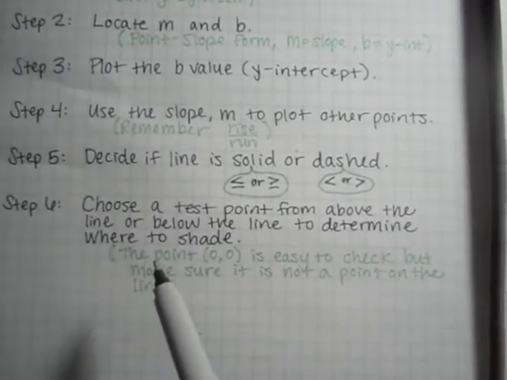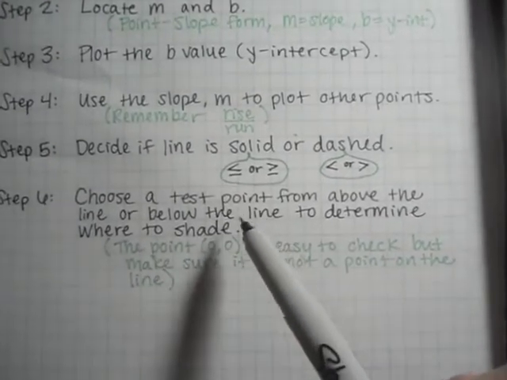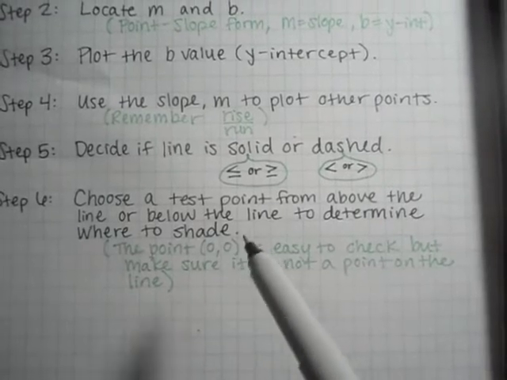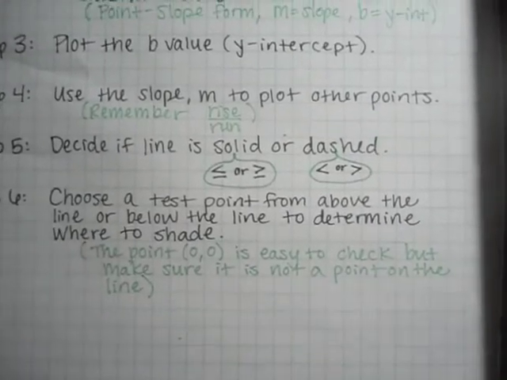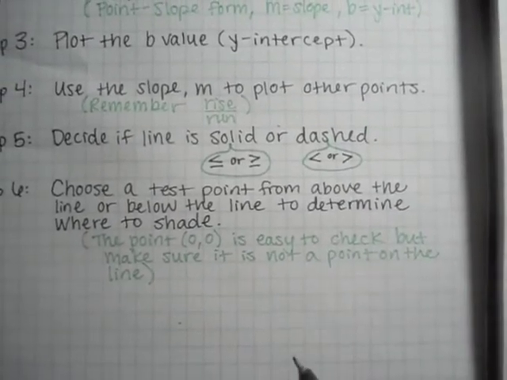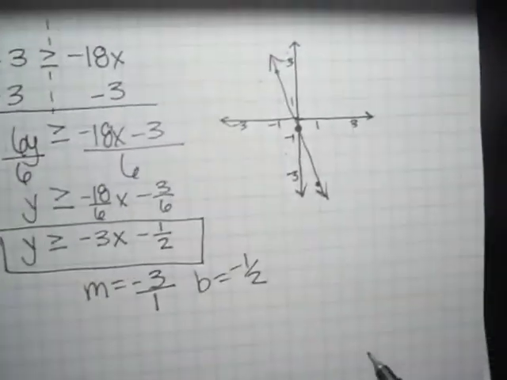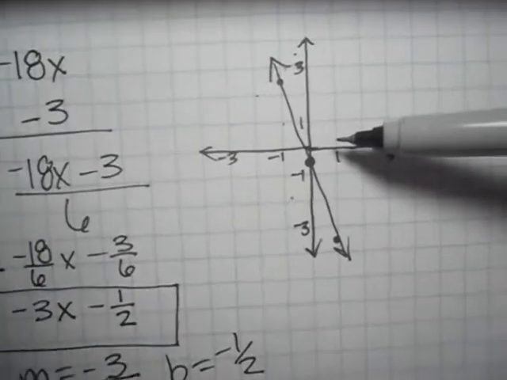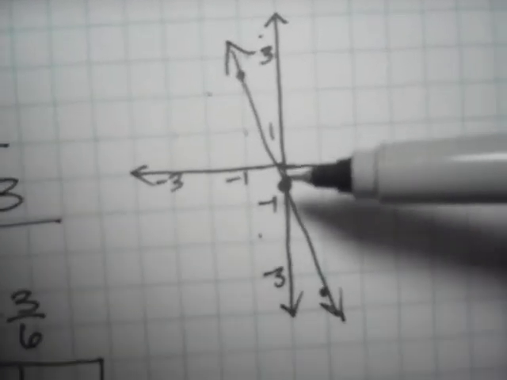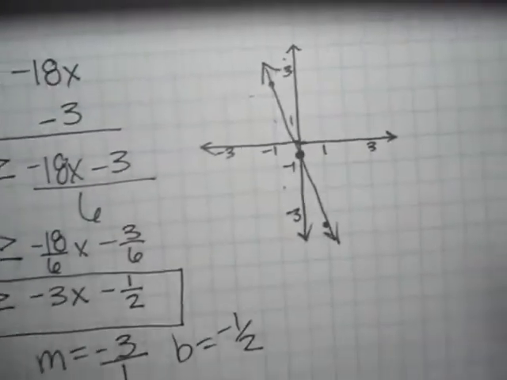And we can do that by choosing a test point from above the line or below the line. Keeping in mind 0, 0 is an easy one to check, but we have to make sure it is not a point on our line. So 0, 0 is very easy to check, but if you look up close, it's just above our line. So we can use it.